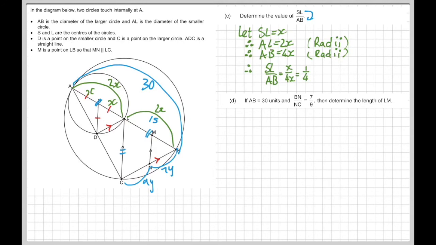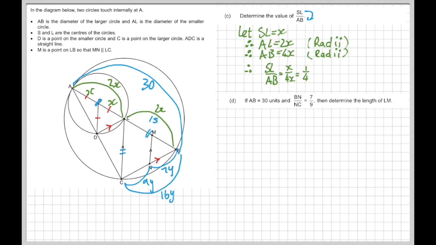Now, looking at that little triangle, I've got LB, which is the longest side. So let's look at what BC is. BC is 16Y, simply 7Y plus 9Y. Which means I'm going to relate BC and LB to NC and LM.